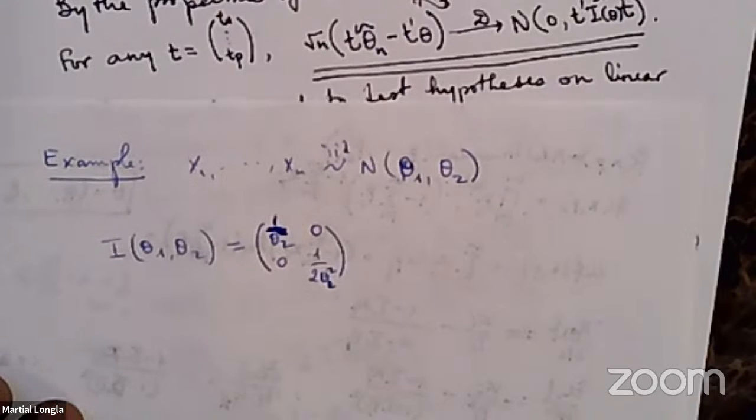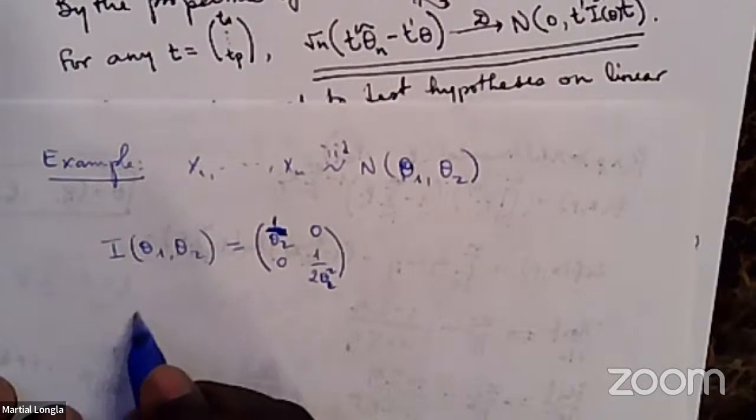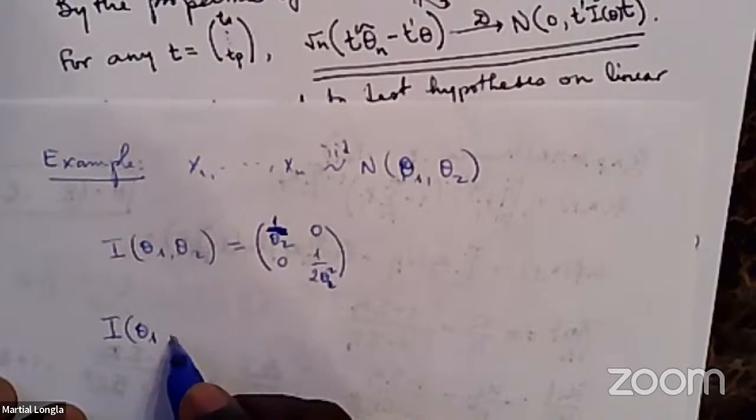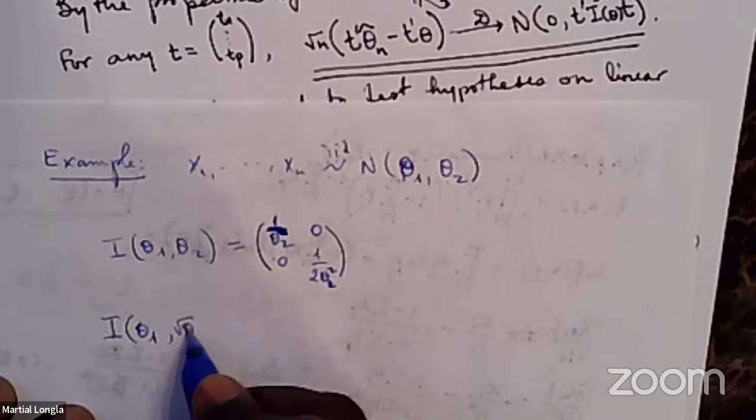Now, the reason why I wrote this example again is, let's say I want to find the Fisher information of theta 1 and square root of theta 2.